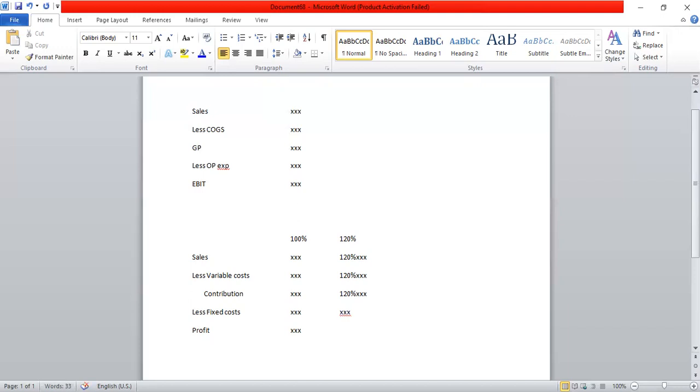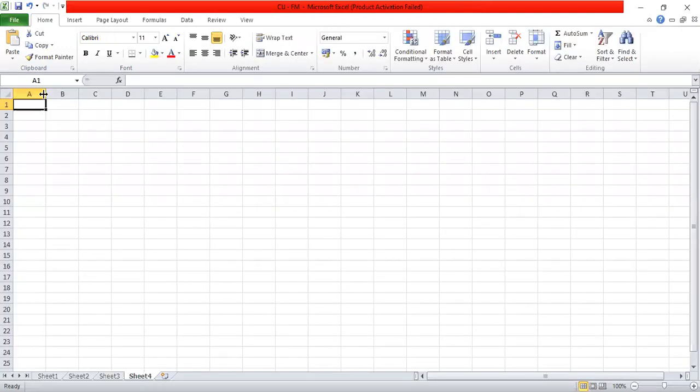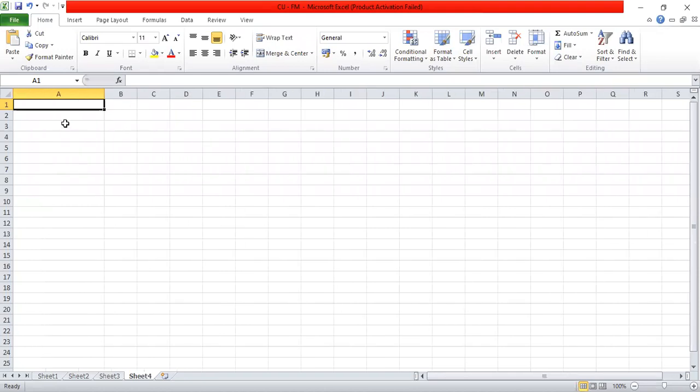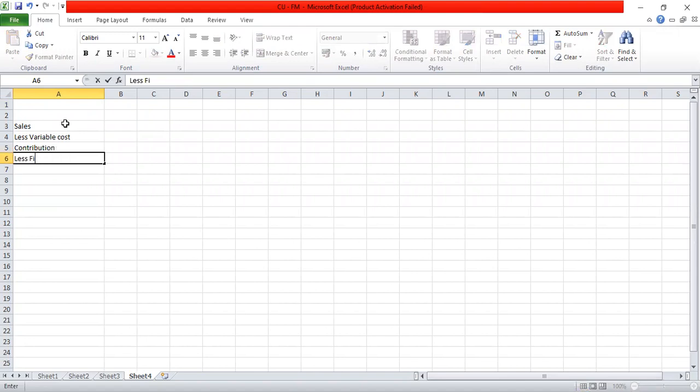Let's take an example. We'll work it out in an Excel sheet. I'll put the format in the Excel sheet and then we will work it out. For example, the income statement has sales less variable cost is contribution, less fixed cost is profit.